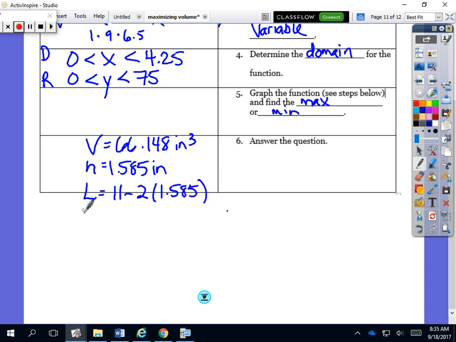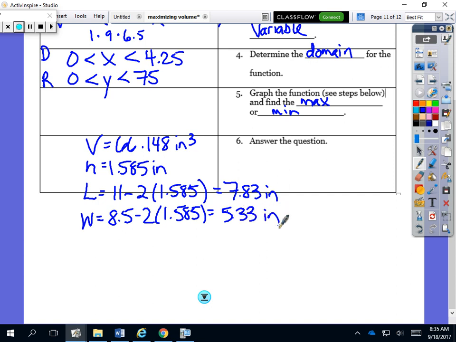And the width is going to be 8.5 minus 2 times that number. If you put those in your calculator, for the length you'll get 7.83 inches, and for the width you'll get 5.33 inches. So the question was, what is the largest volume and what are the dimensions? There's our answer.